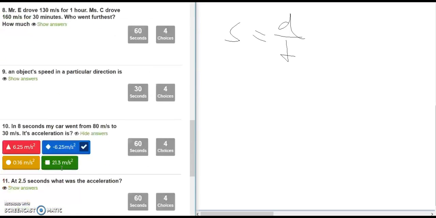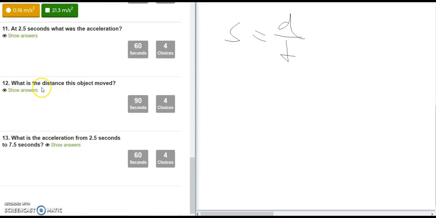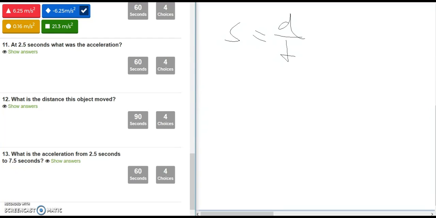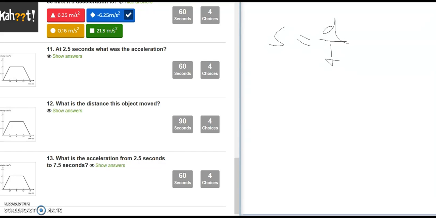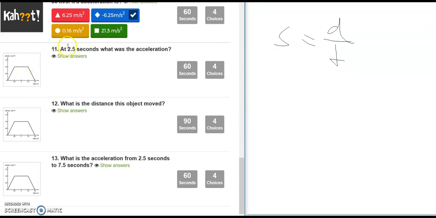Oh, alright, here, let's look at a graph. I'm going to move this over so you guys can see a graph here. Alright, if we look at this graph, I know it's hard to see. At 2.5 seconds, what's my acceleration? Ah, so this is an acceleration problem.